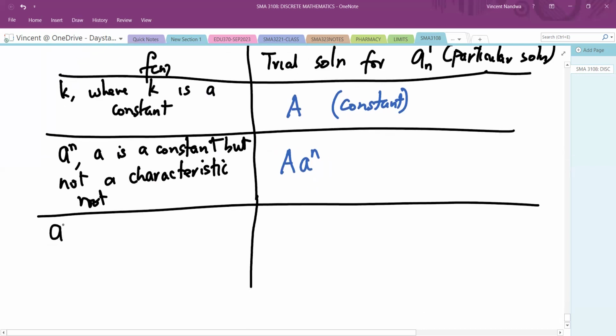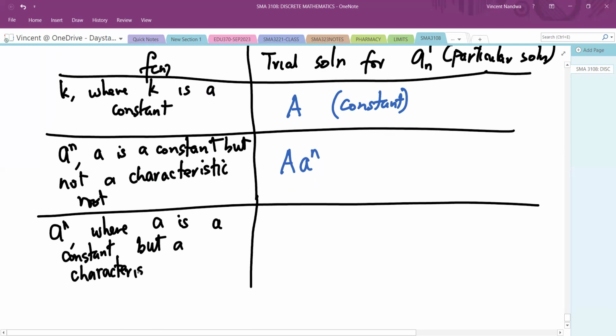Then we can also have a^n as f(n), where a is a constant but one of the characteristic roots of multiplicity m.